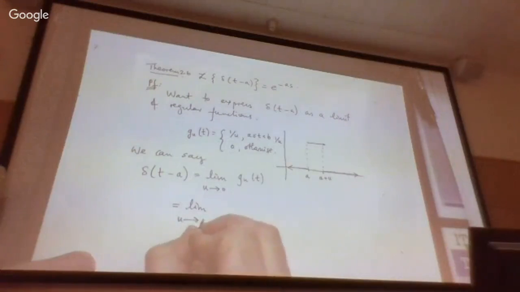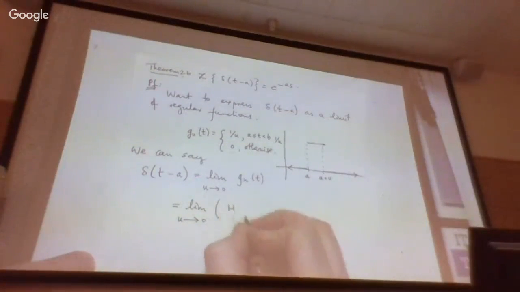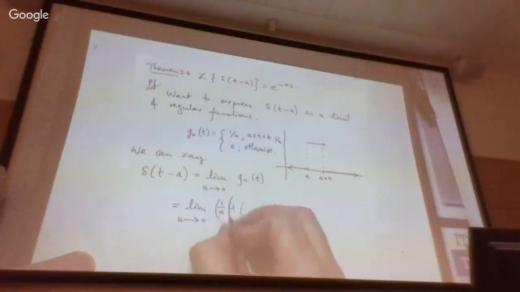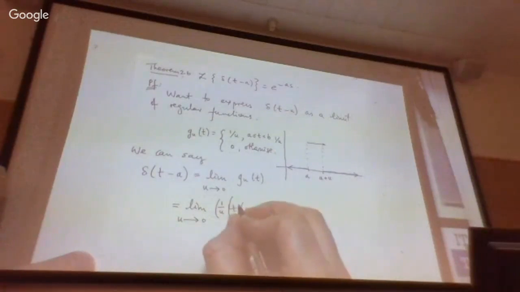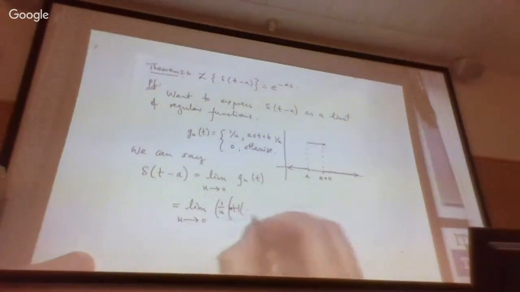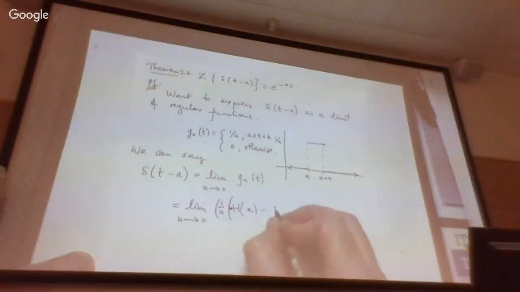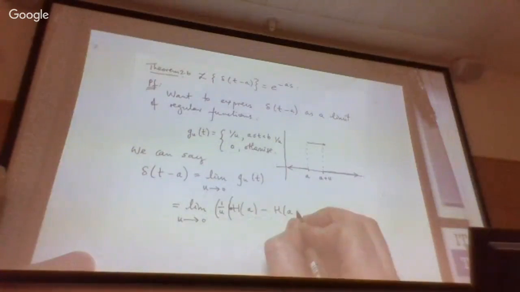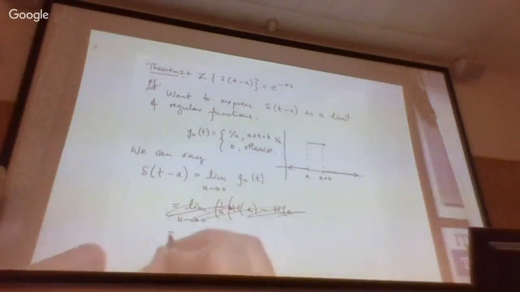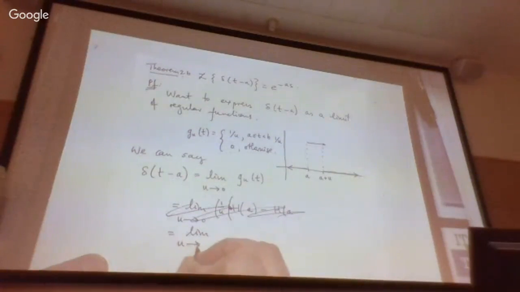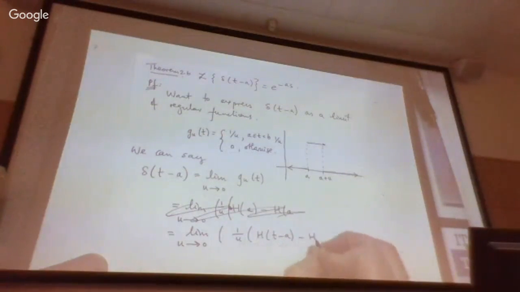So this is the limit as u goes to 0 of 1 over u times h of t minus a minus h of t minus (a plus u).